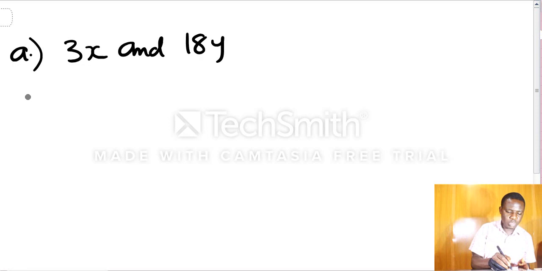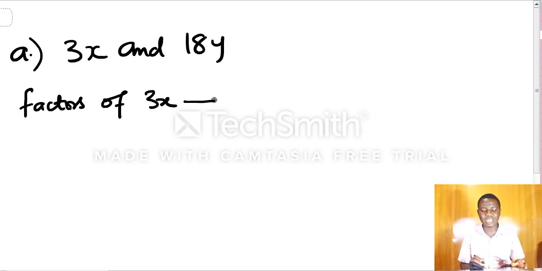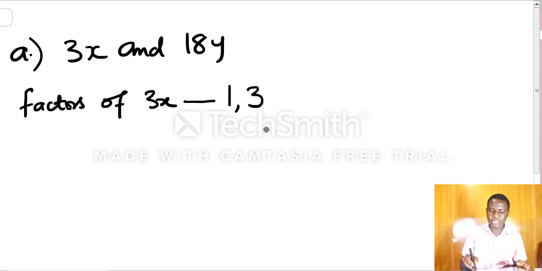So I'm going to start with factors of 3x, meaning those numbers that can divide 3x without a remainder. 1 is a factor. 1 can divide 3x without a remainder. 3 is a factor because 3x divided by 3 is x.